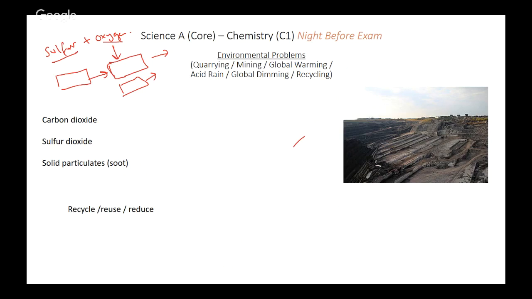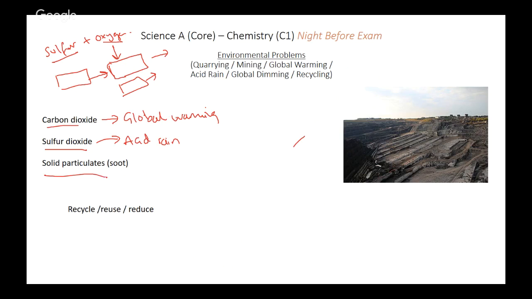Because they love you to make the link between sulfur reacting with oxygen to make sulfur dioxide, and that leading to acid rain. Same for carbon. If you ever see carbon and oxygen coming together, think carbon dioxide, and that links to global warming.